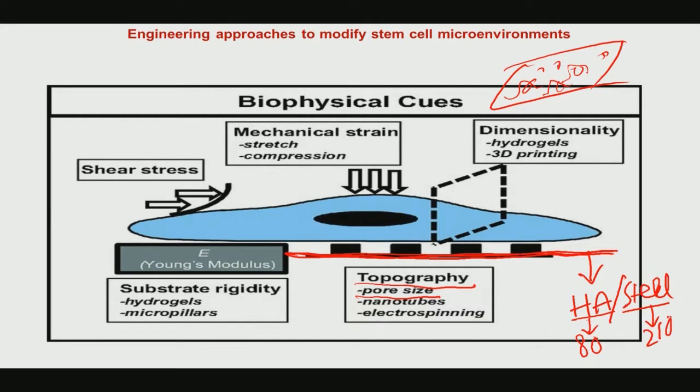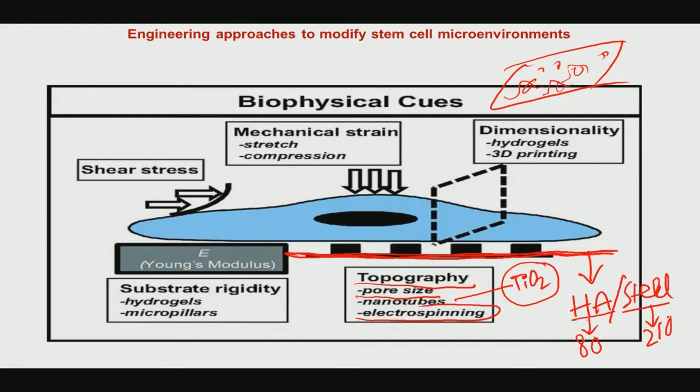Then you have nanotubes, like titanium oxide nanotubes that people use. They can grow titanium oxide nanotubes by certain chemical processing on the titanium substrate itself, and these nanotubes have certain physical features: they are tubular in shape, with a certain diameter and a certain aspect ratio, and so on.